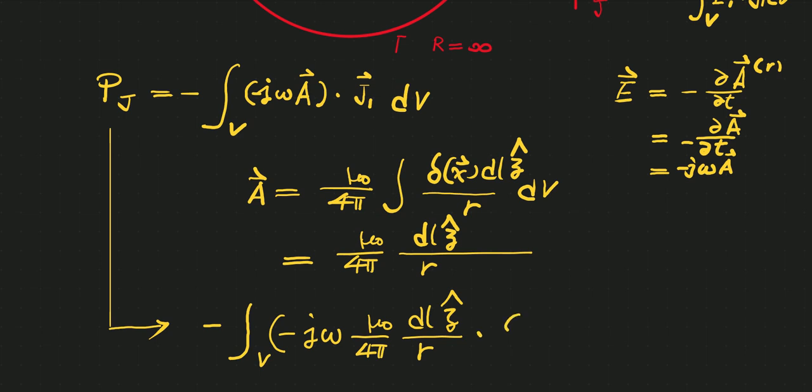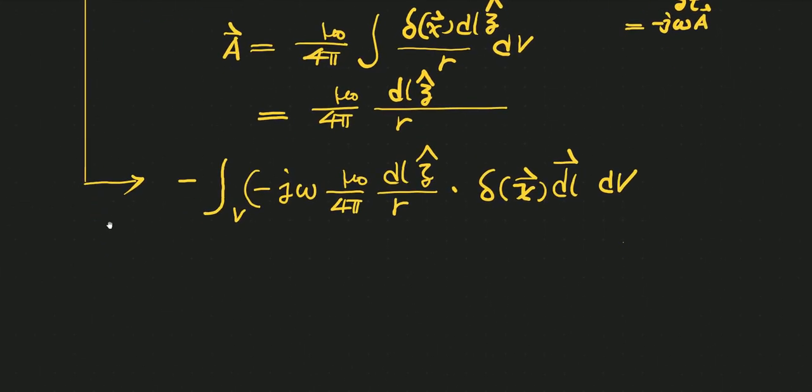This G can also be read. This guy makes this calculation diverge.